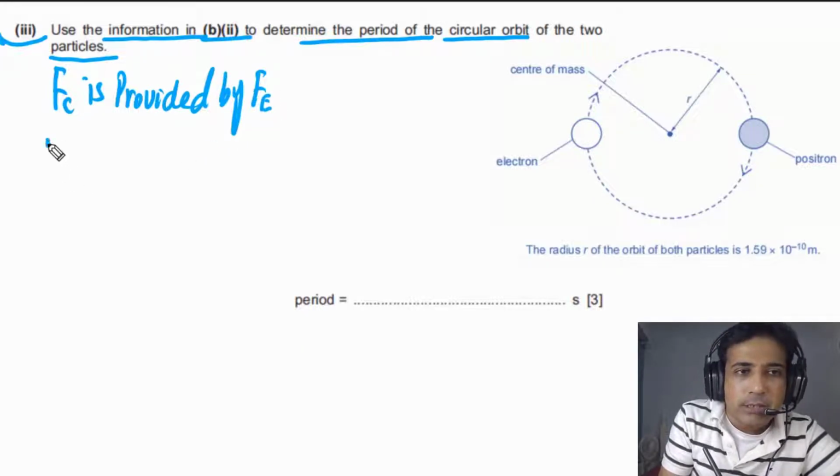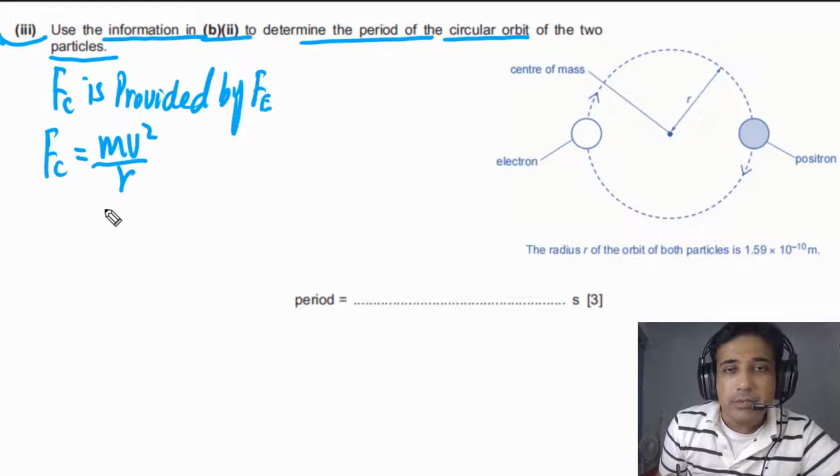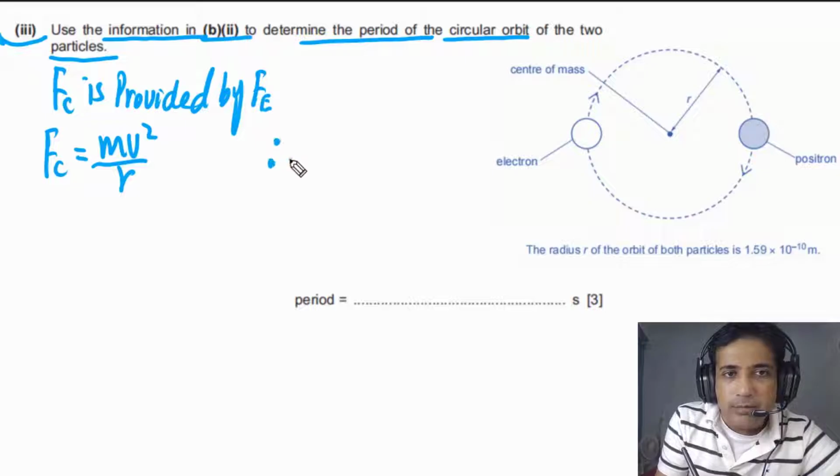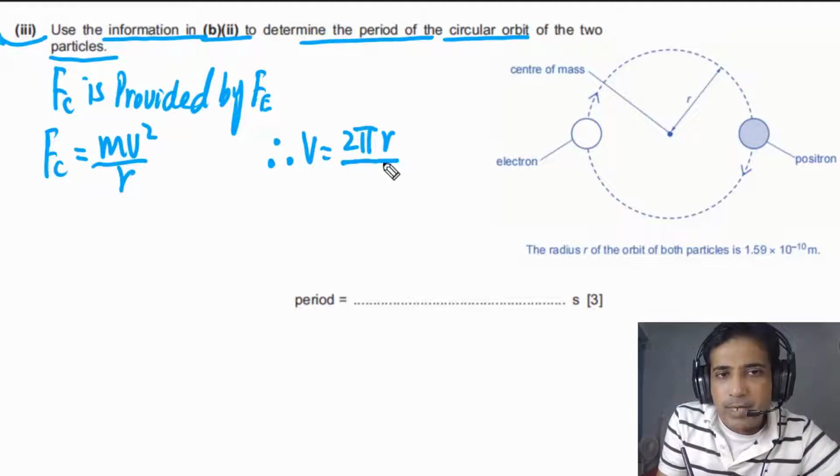Centripetal force, we need to understand, is equal to mv squared by r. In this case, we need to calculate the time period, so we can rearrange this one. We need to understand the speed of the particle, in this case, will be equal to 2 pi r divided by time period. So this is the orbital speed of any single particle.